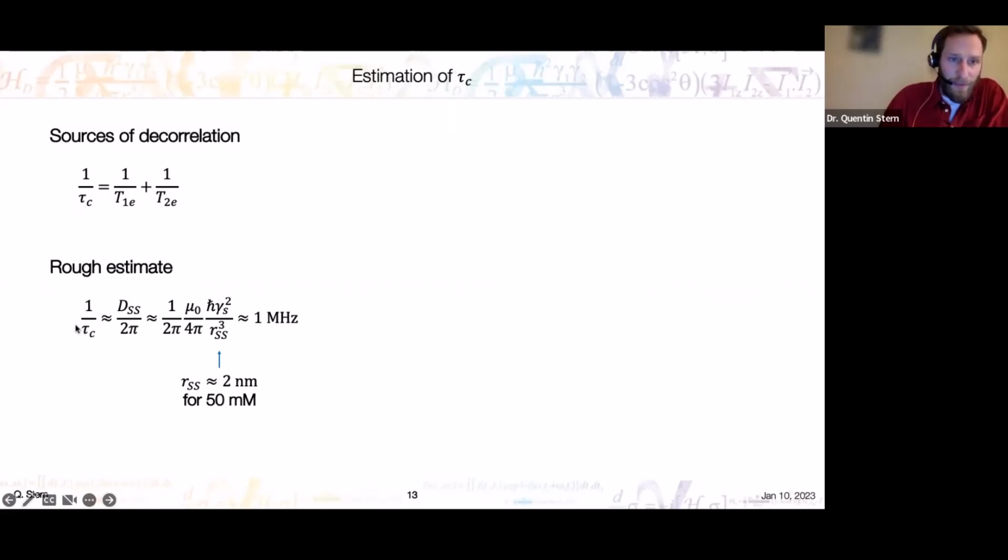So the decorrelation rate is on the order of the dipolar interaction between the electrons, and this is the full expression for this. For DNP juice with 50 millimolar of radical, the distance between neighbors is on the order of 2 nanometers, and this leads you to approximately 1 megahertz of decorrelation rate, and hence a correlation time on the order of the microsecond.